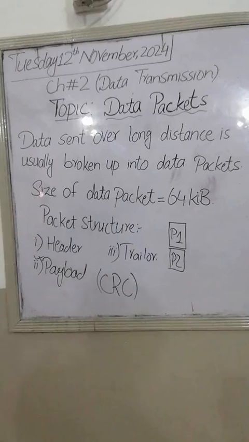Let's take an example: if we have to reach some destination, there are many paths, many ways through which we can travel and reach our desired destination. Some paths will be shorter and some will be longer. The same is the case with the network: in packet switching, the packets travel independently.